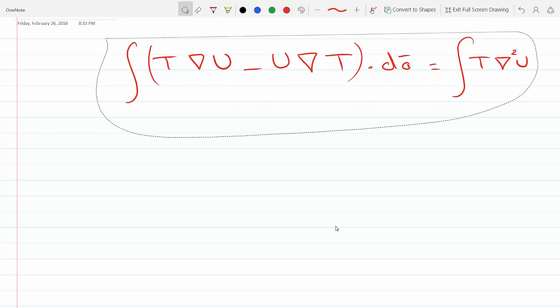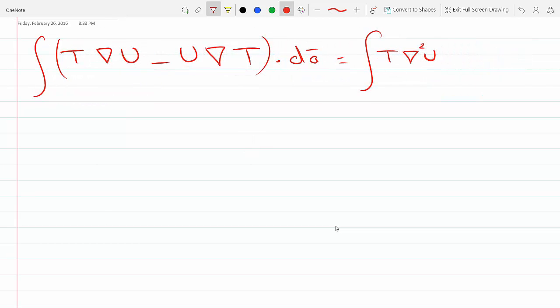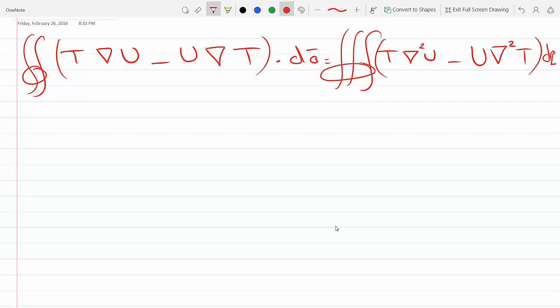Let me move this a little bit to the left here so we can have more room. And this was a volume integral, and this here is d tau, and this was a surface integral.